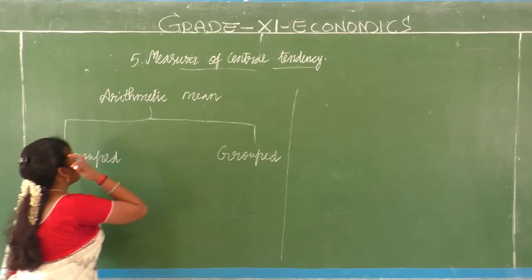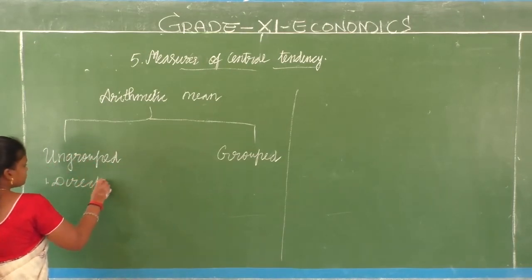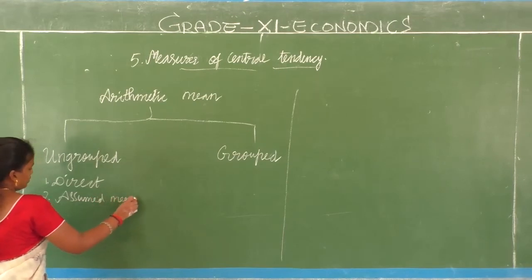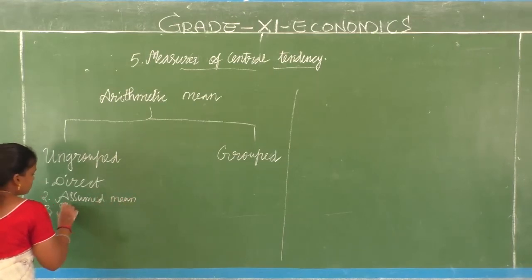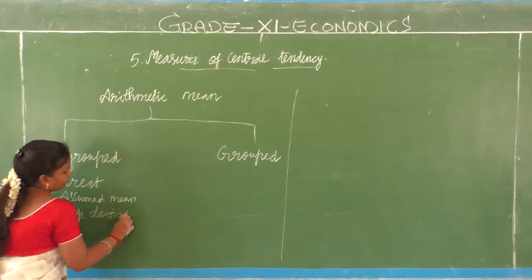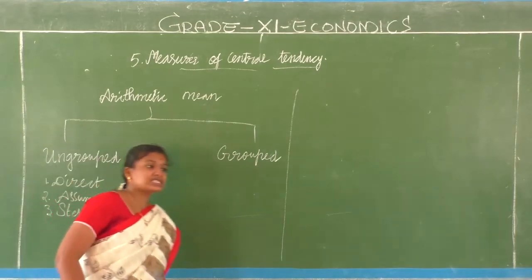Right, children? So just how we have the direct method, we have the assumed mean method and the step deviation method. And what did we discuss in these three methods?